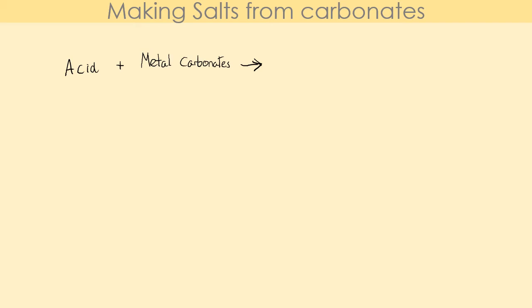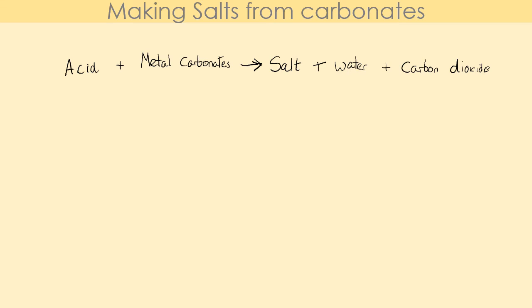And with this, we're going to make a salt again. We're always making salts with these. We're also going to make water, and we're going to produce carbon dioxide. This is our general equation. An acid plus a metal carbonate will make a salt, water, and carbon dioxide.